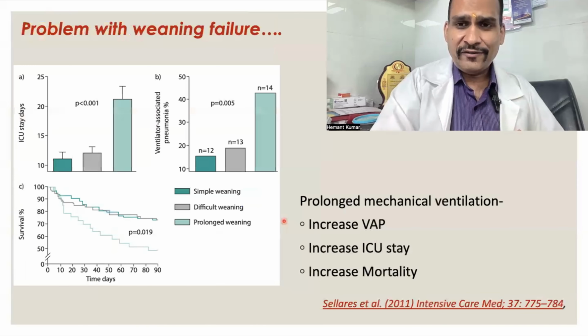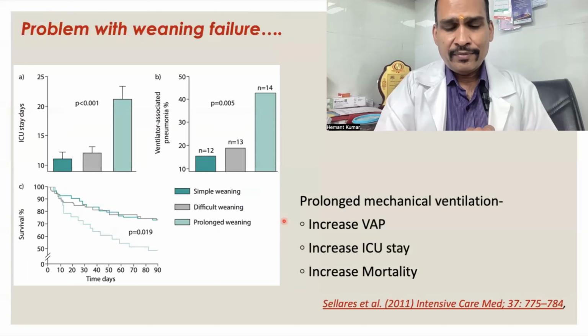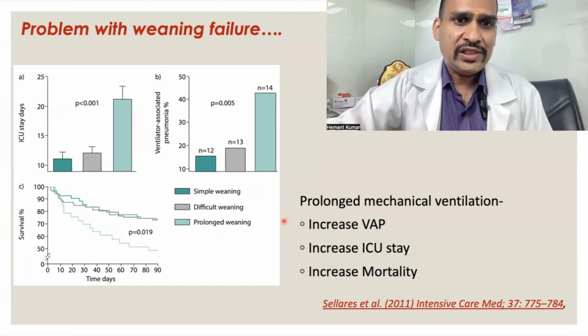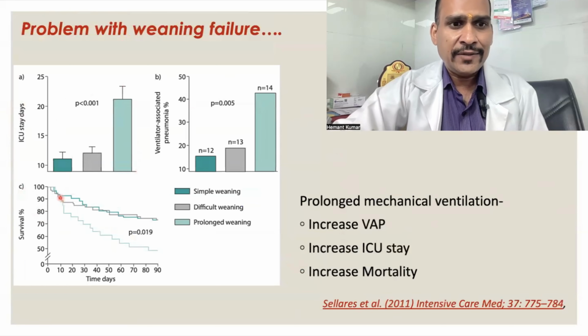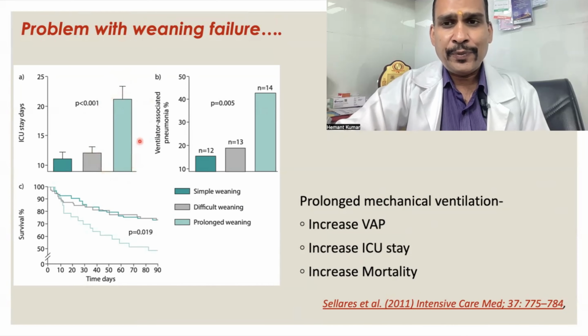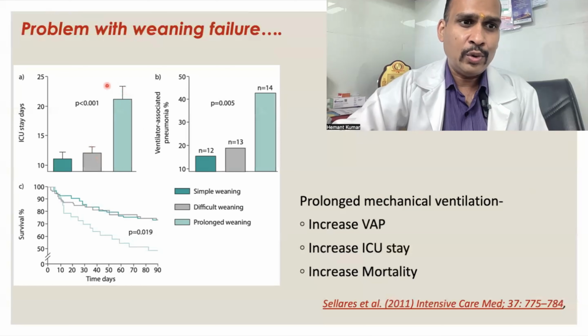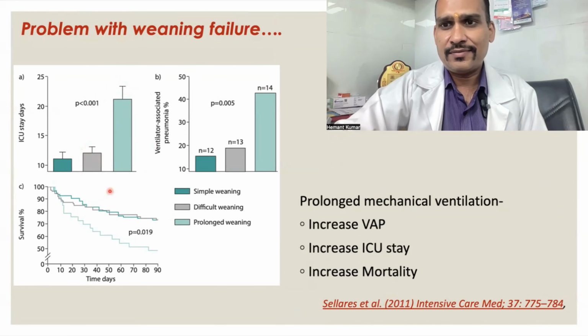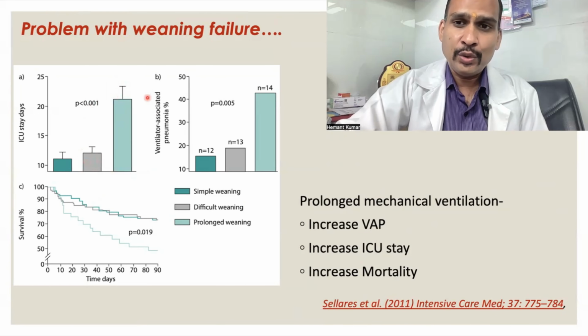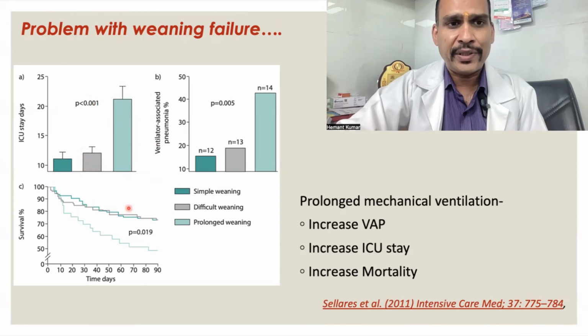Why do we have to differentiate these types of weaning? This is the study, and you can see this chart. This green part is simple weaning, this is difficult weaning, and this is prolonged weaning. You can see that prolonged weaning causes more ICU stay, and the P was less than 0.001, which is significant.